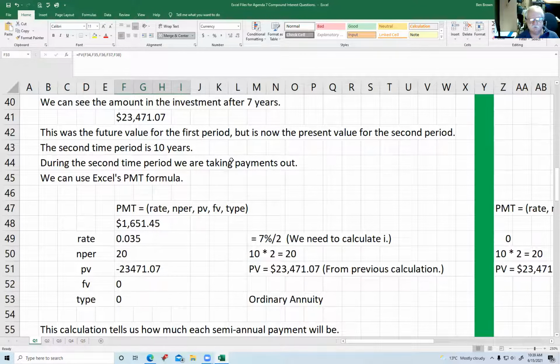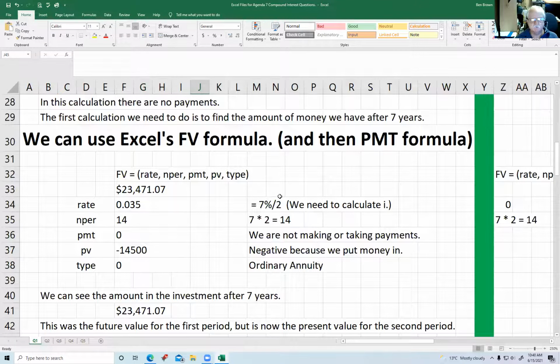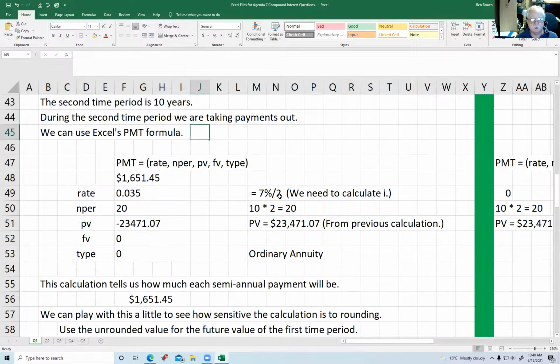The next calculation we'd have to do is we're looking for the payment. So now we can solve for the payment if we used Excel's payment formula, and we would end up finding payments of 1,651.45.